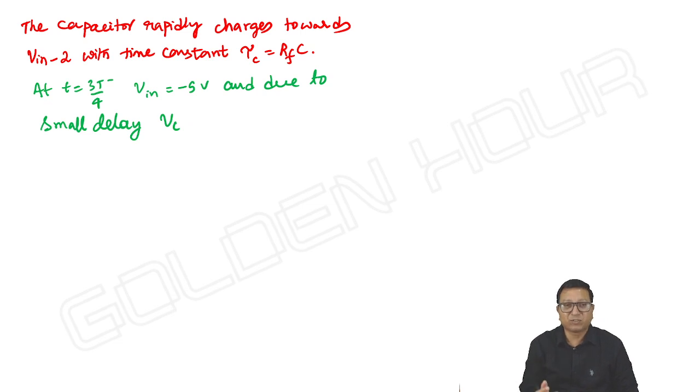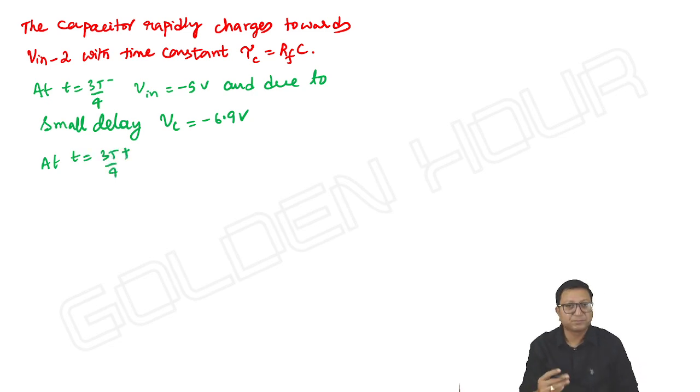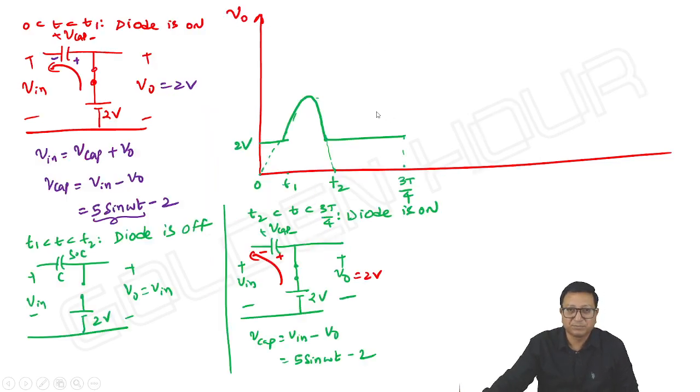It may be minus 6.9 like that. V capacitor is equal to minus 6.9. Okay, done. For t greater than or at t equal to 3T by 4 plus, input is slightly rising above its negative peak like this. At this particular instant, the input is rising above minus 5 volts.